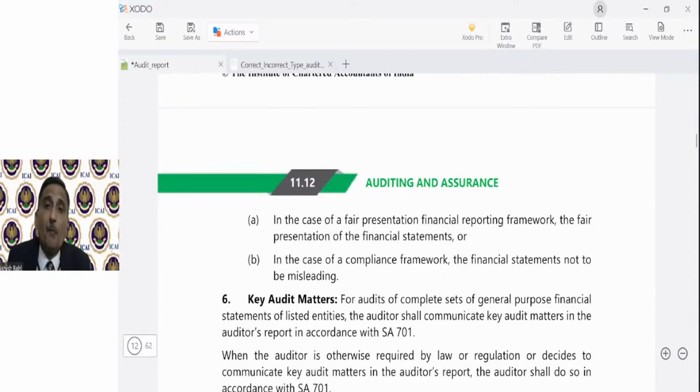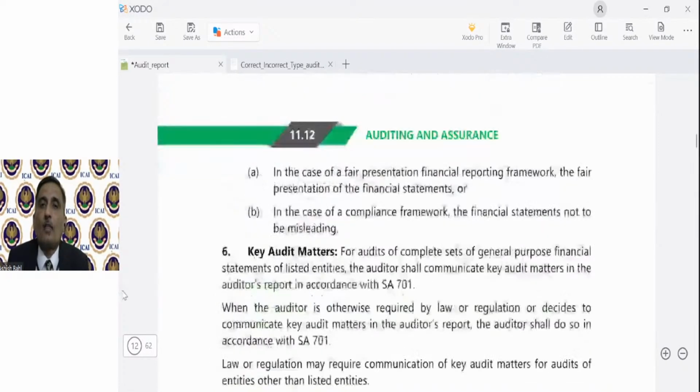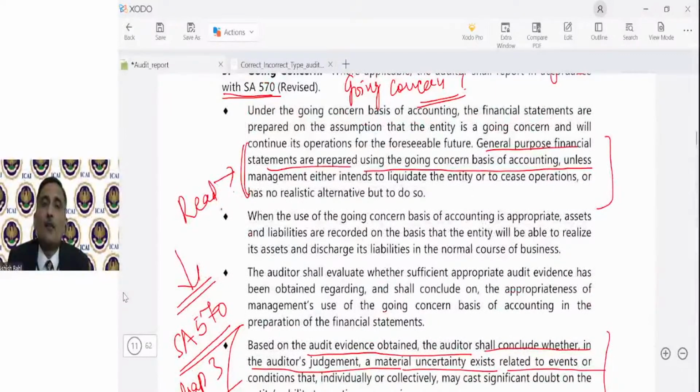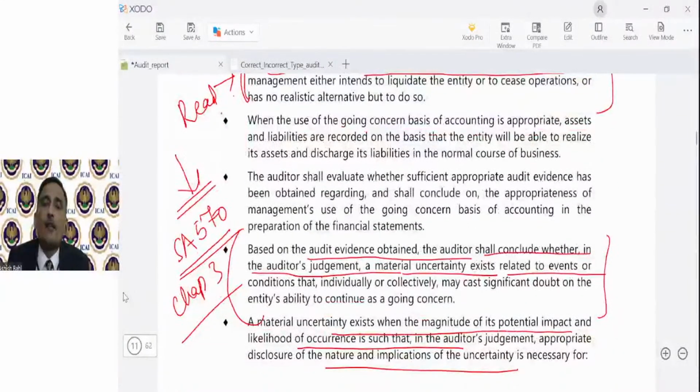Say if some material uncertainty exists which casts doubt whether the company would continue as a going concern or not, then obviously the auditor has to evaluate what its impact is on the fair presentation of the accounts, because the auditor expresses an unmodified opinion only when he obtains reasonable assurance that financial statements are prepared in all material respects in accordance with the applicable financial reporting framework.